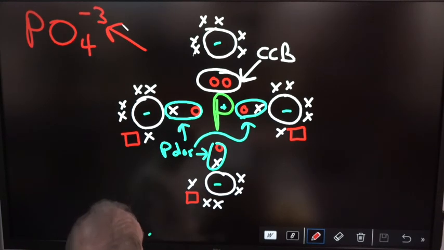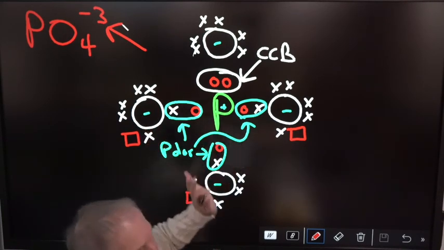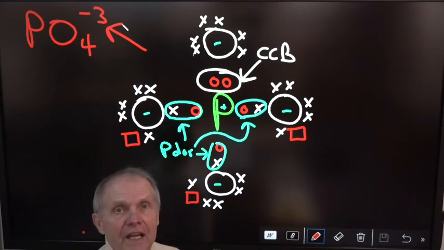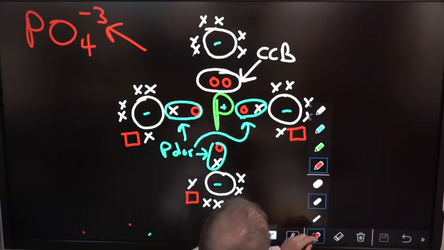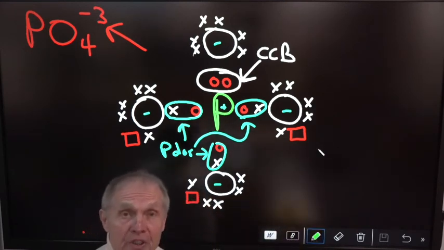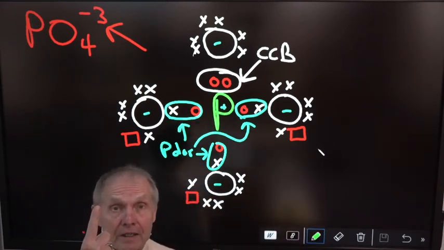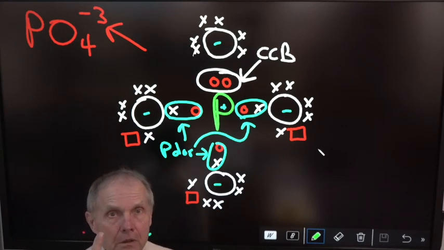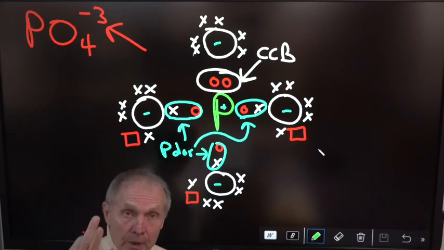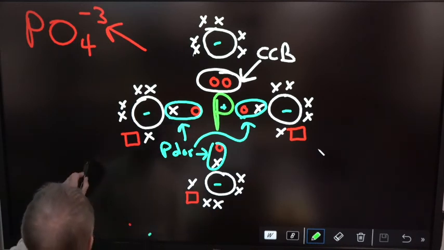So what could satisfy this polyatomic ion? A lot of stuff. Let's take something like this. Let's take lithium. Lithium's in group 1. It only got 1 electron to lose. So how could it satisfy that? Simple. I got 3 lithiums. So let's do that. Watch.